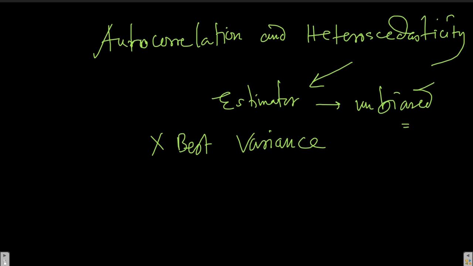The same is true for autocorrelation as well. The estimator is unbiased, but the variance is actually high, so you can always find another estimator which has a lower or minimum variance, and that is the problem if you have autocorrelation.